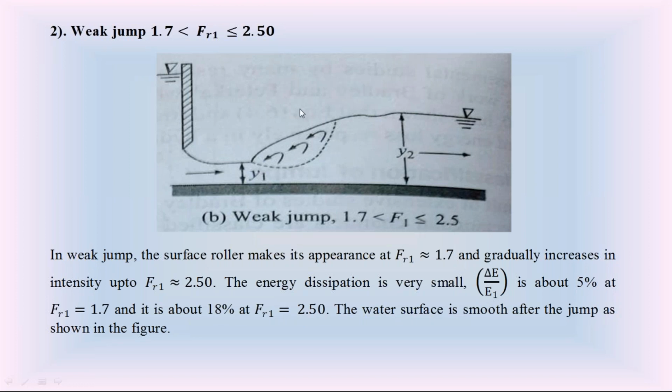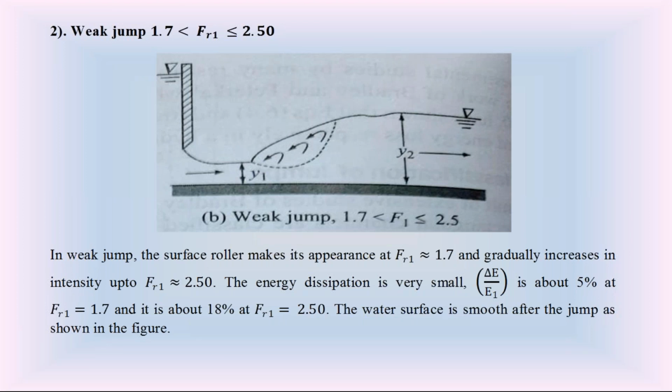So this is the weak hydraulic jump in the open channel, having Froude number FR1 between 1.7 and 2.5. At 1.7, the energy loss ratio is 5%. At 2.5, it is 18%. It is also a small hydraulic jump, but to some extent higher than the angular hydraulic jump.